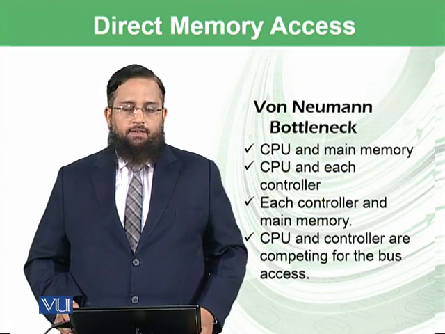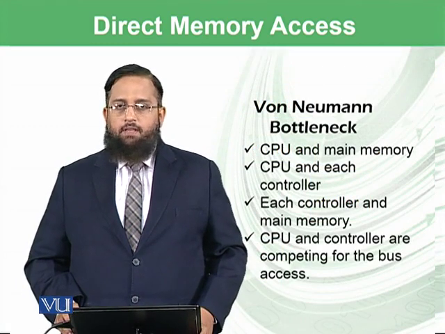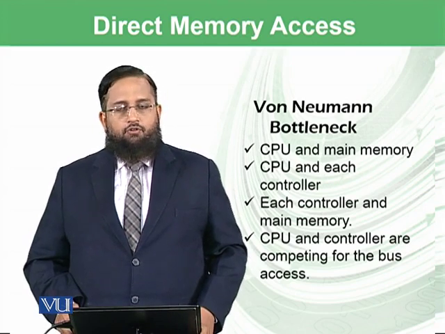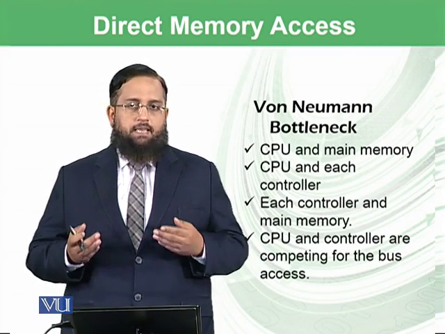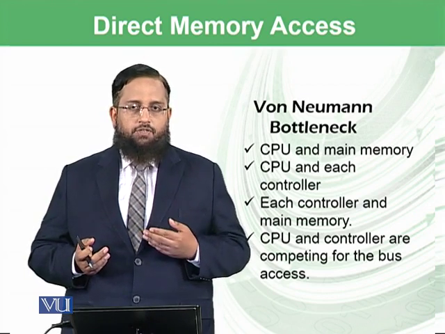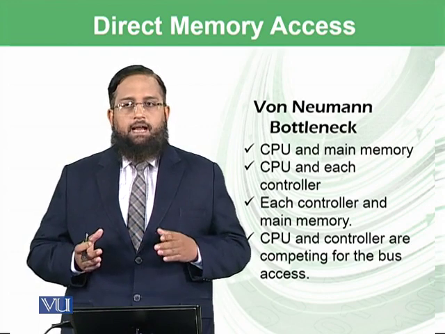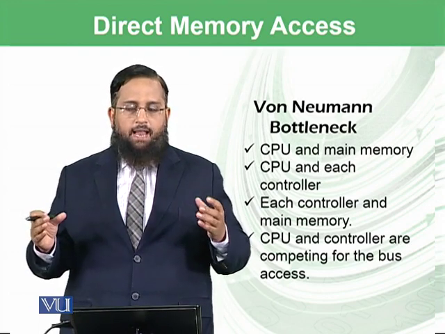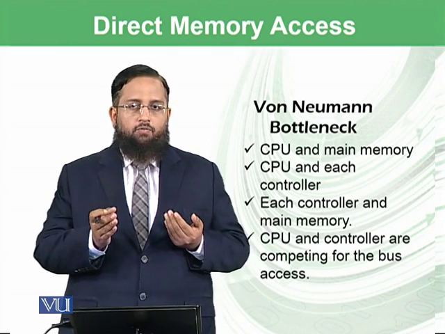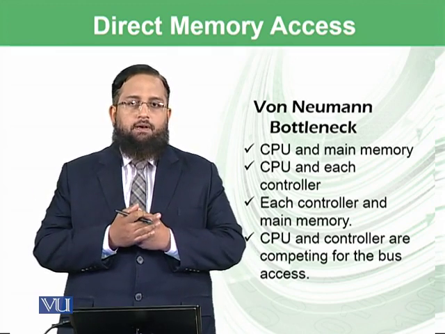In fact, the CPU is connected with the main memory using the same bus, and the controller is also utilizing the same bus. In the von Neumann architecture, it was mentioned that there is a central bus, and everything like the CPU, main memory and all of your controllers will be connected to that bus.